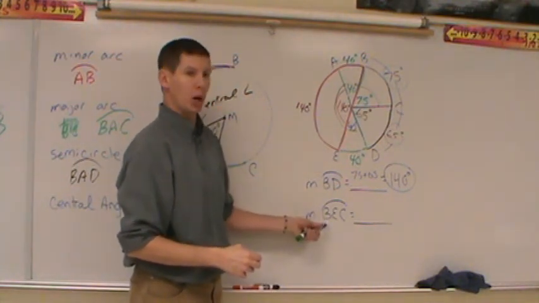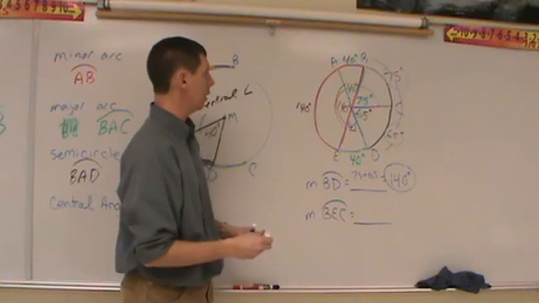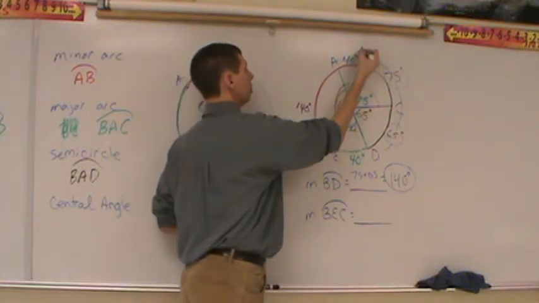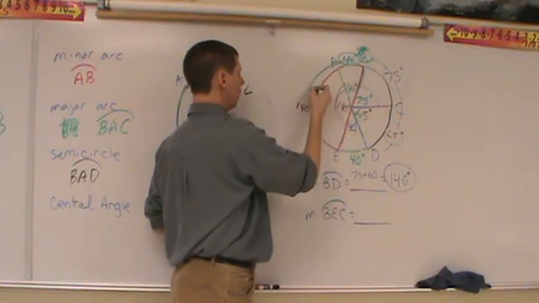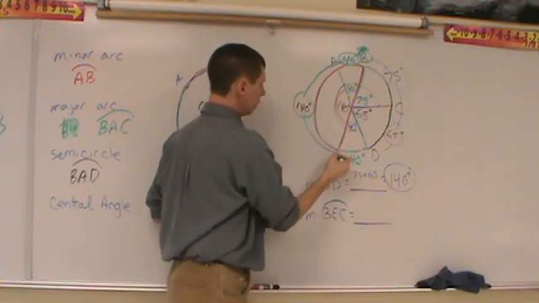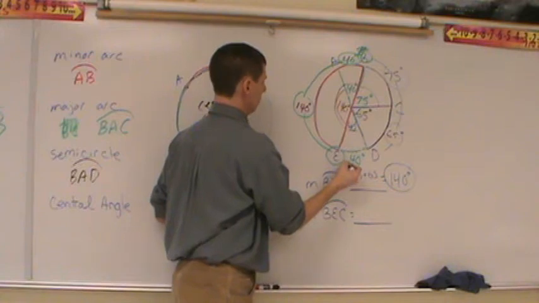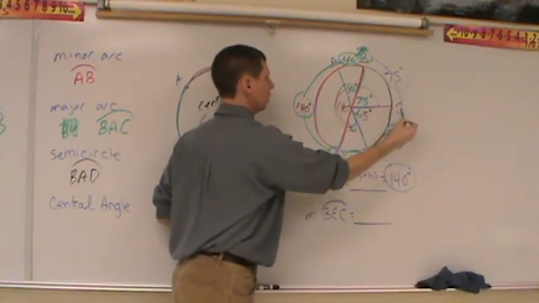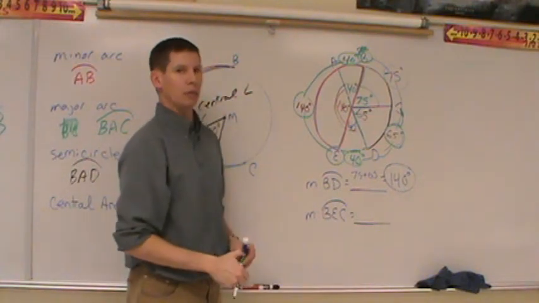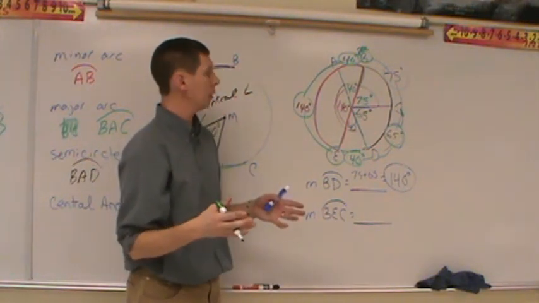What about this? Arc BEC. Okay. Well, now you're going to start here at B, go through E, so you're going to include that, include that, include that, go all the way back here and include this. And again, we can add all those little pieces up.